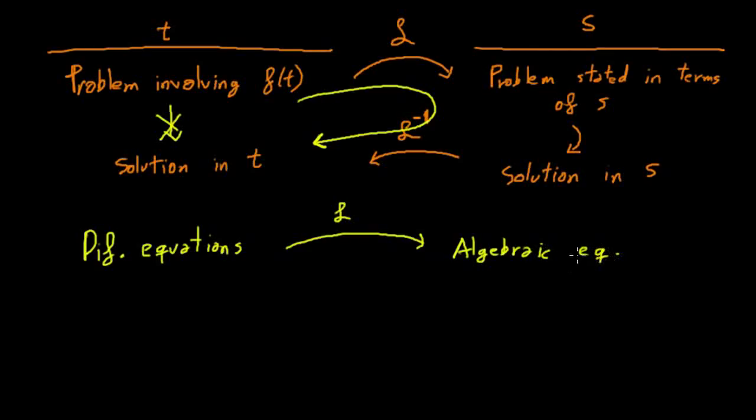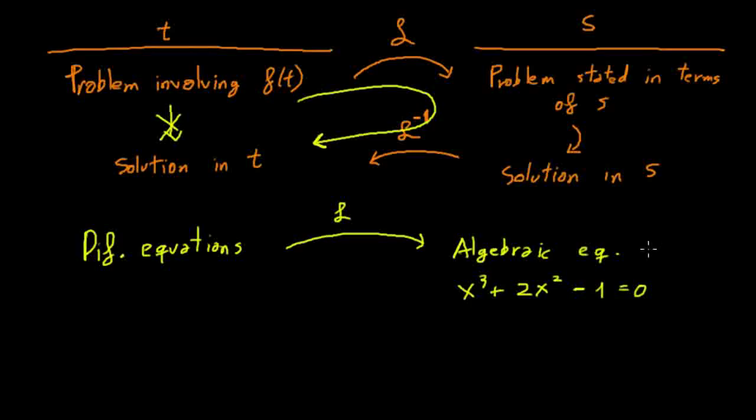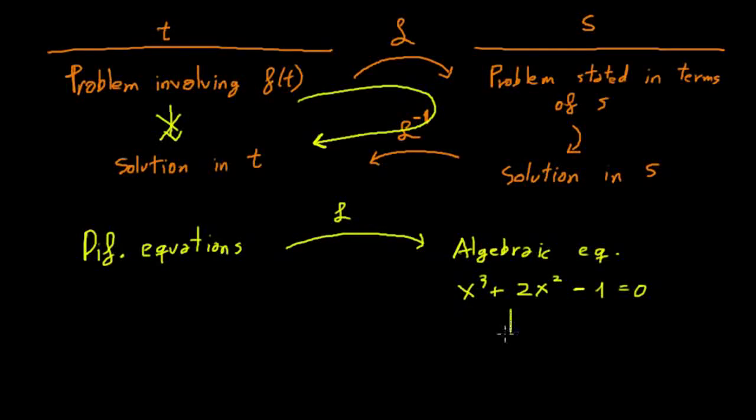That is to say, equations involving sums, multiplication, division, this kind of operation, like for example x to the third plus 2x squared minus 1 equals 0. That would be an algebraic equation where you don't have any differentiation or integration. So as I said, you can easily get this solution and go back with it to the t domain and get the final solution to the original differential equation.